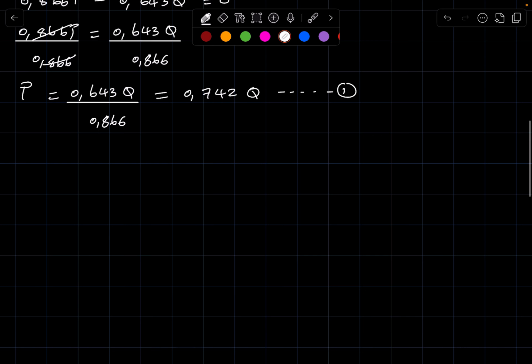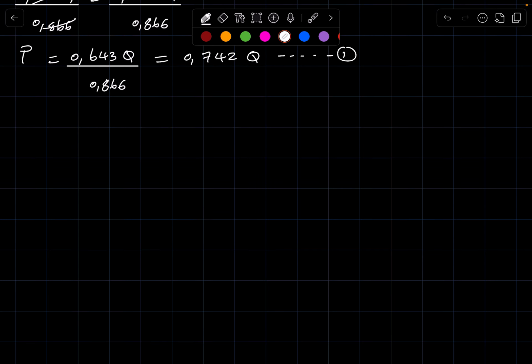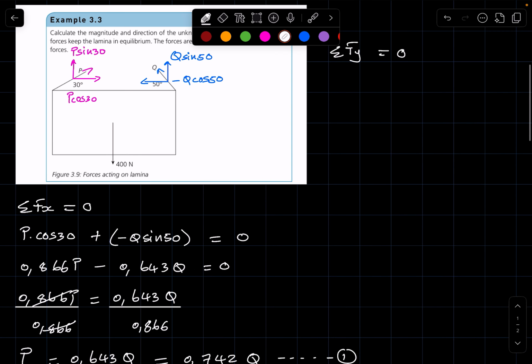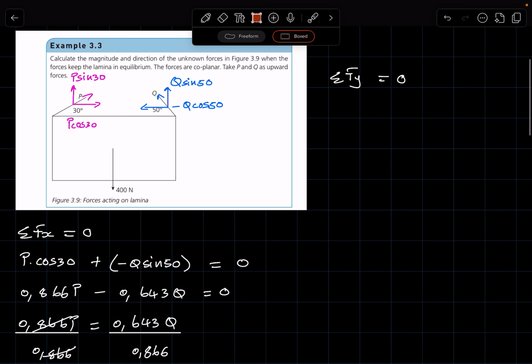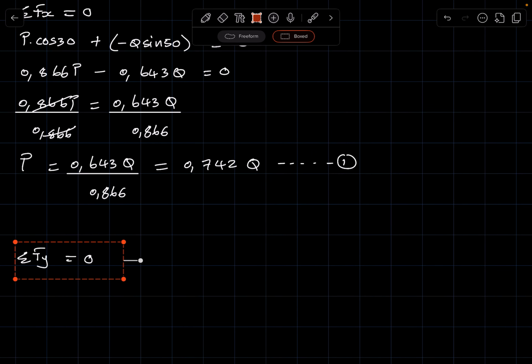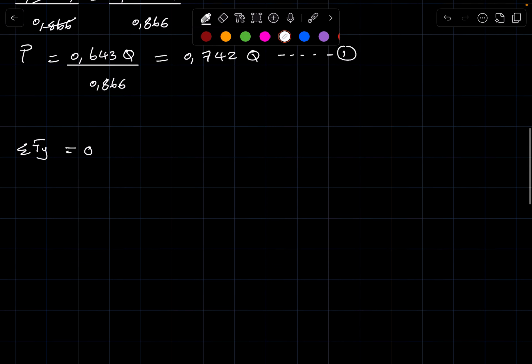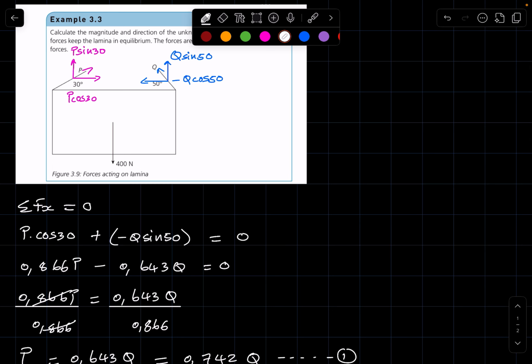Of the two equations that we need, we already have the first one. To get the second one, we now use the second condition of equilibrium that is applicable here, which is the sum of forces in the y direction is equal to 0. We have the force 400 newtons.